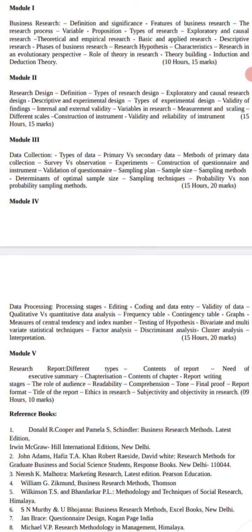And this module has to be taken within 10 hours and it contributes 15 marks to your university exams, right? So this is the first module.